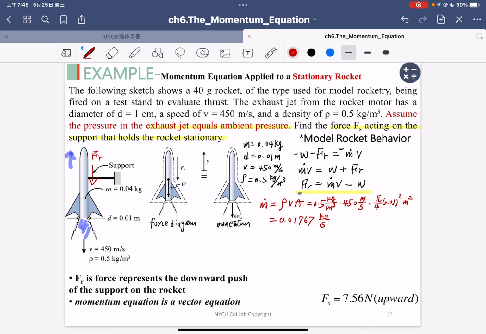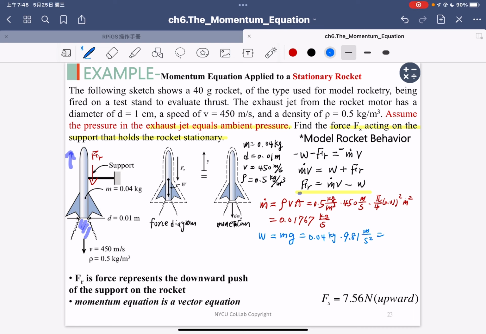And how about the weight? The weight is equal to the mass multiplied by g, right? So the mass is 0.04 kilogram, and g is 9.81 meters per second squared.